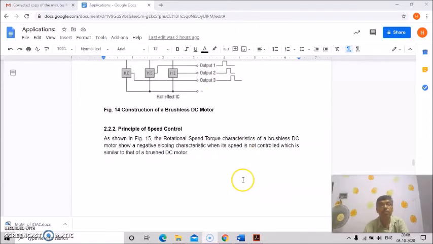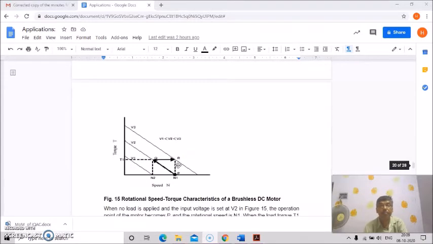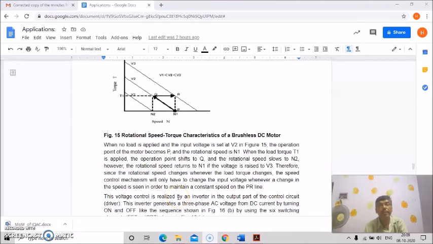The principle of this speed control: the rotational speed torque characteristics of a brushless DC motor show a negative sloping characteristic when speed is not controlled, which is similar to that of a brushed DC motor. So when no load is applied and input voltage is set at V2, the operation point of the motor becomes P, and the rotational speed is N1.